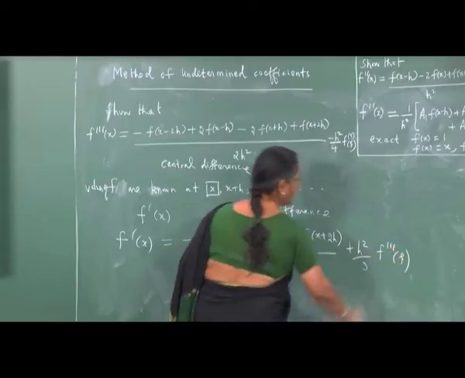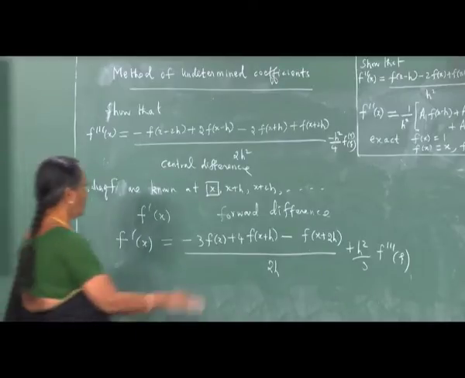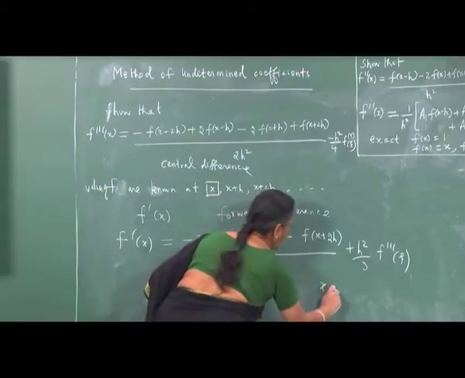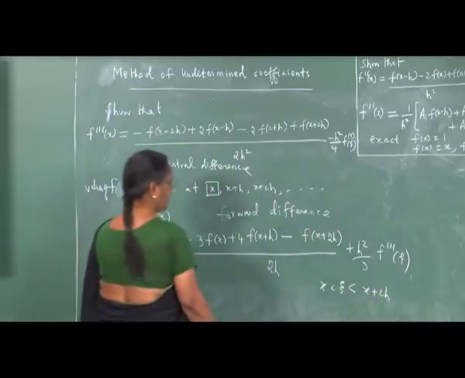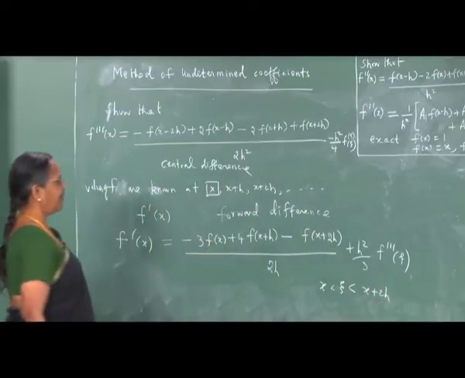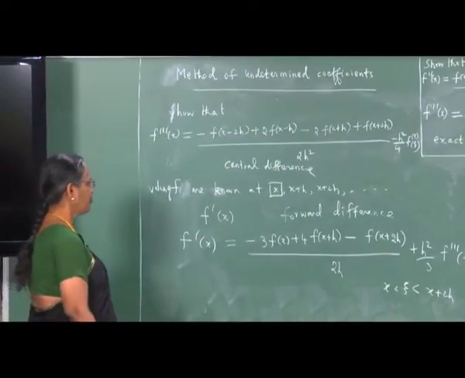The term f triple prime psi indicates that it must exist somewhere in the interval x to x plus 2h, with f prime and f double prime continuous in the closed interval x to x plus 2h.